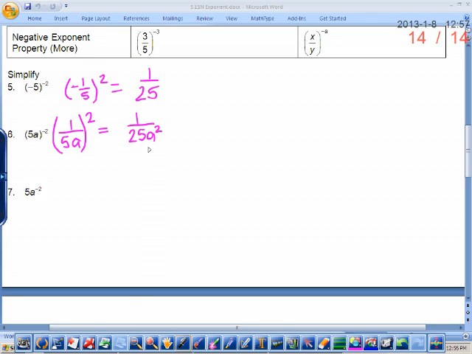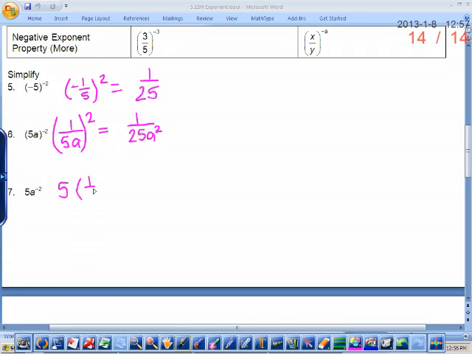Okay, number 7 says 5a to the negative 2. What is the base of that negative 2 exponent? Just a. So is the 5 going to be affected at all? No. So I'm going to keep my 5 the same. And what's going to happen to the a to the negative 2? Good.